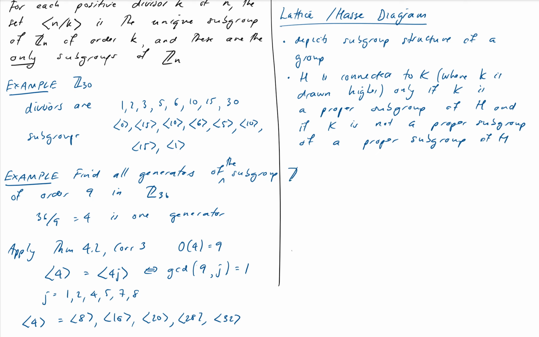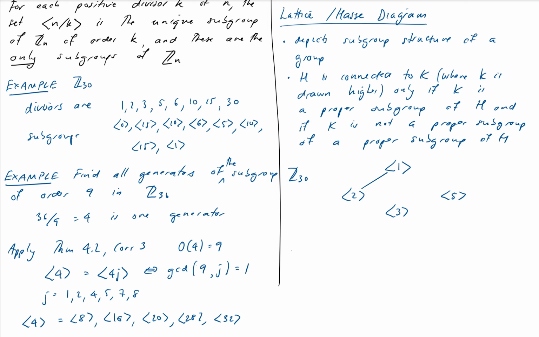So for Z30, our biggest subgroup is that generated by 1. Okay, and that contains all of the other subgroups, but I'm not going to draw a line to 1 from all of them because it's actually a little bit simpler than that. So I'm going to draw 2, 3, and 5 next.